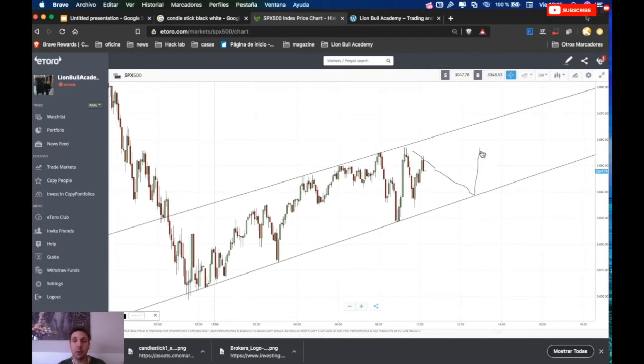Then we continue going up, up, up, up. This is one impulse. Then down, down, down, down. Again here up, up, up, up. So until the price breaks one of these lines, we consider in technical analysis that the price will continue moving like that.